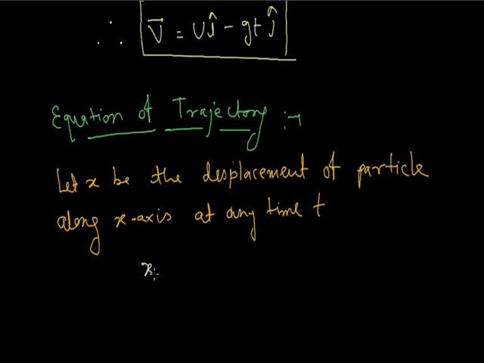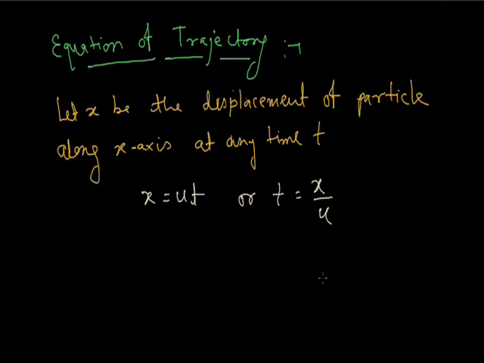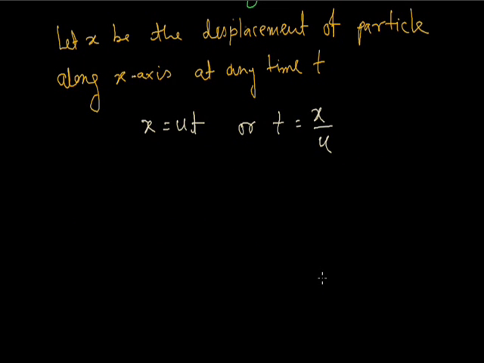So x equals u t, or t equals x by u. x is the displacement in the x direction, u is the velocity in the horizontal direction, and t is the time of flight. So t equals x by u.